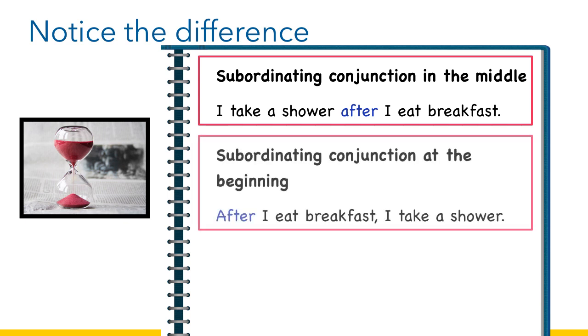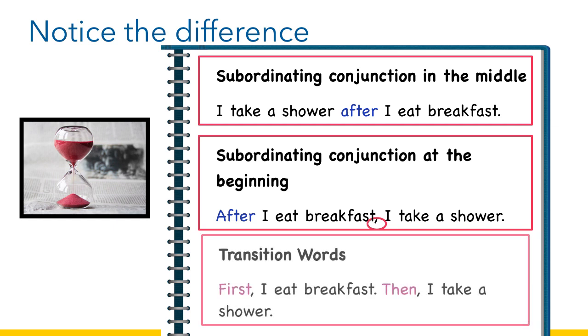If the subordinating conjunction starts the sentence, we will need a comma after the clause. That means after the first subject and verb. And when we use transition words, they begin sentences and are directly followed by commas. Remember these rules when you are writing your narrative paragraph.